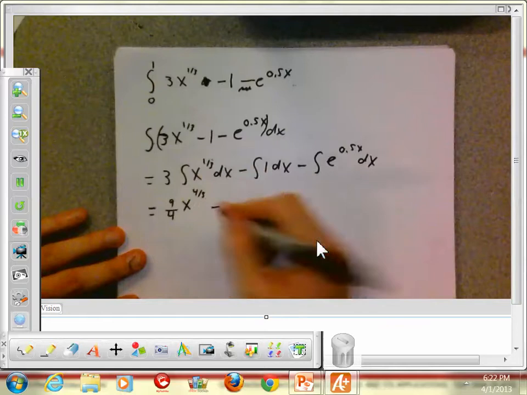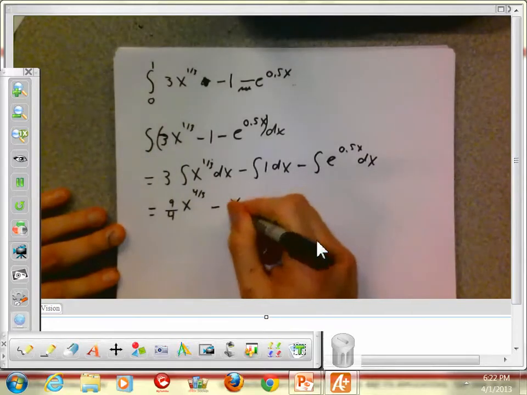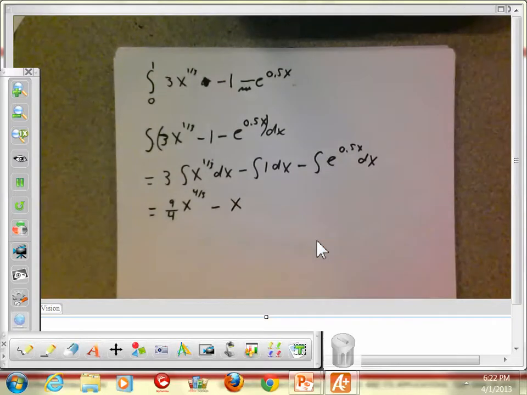Minus, what's an antiderivative of 1? What's the antiderivative of any constant? I'm sorry, not any constant. But 1. What would be the antiderivative of 1? X. And how about for e to the 0.5x? Yeah, so what's 1 over 0.5? 2, right?